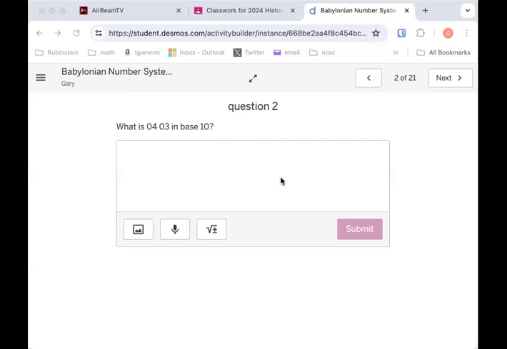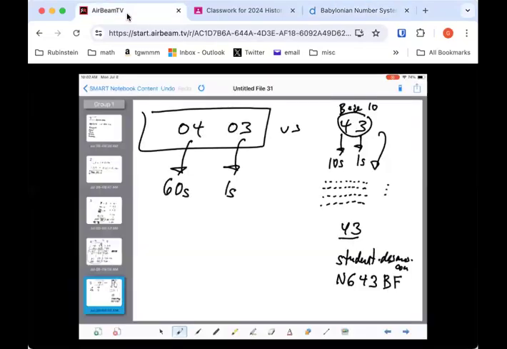So most people did get this answer right. The answer is 243, and let me go over that because some people hadn't gotten it right. So this 04 basically means 4 60s, and the 03 means add on 3 ones.